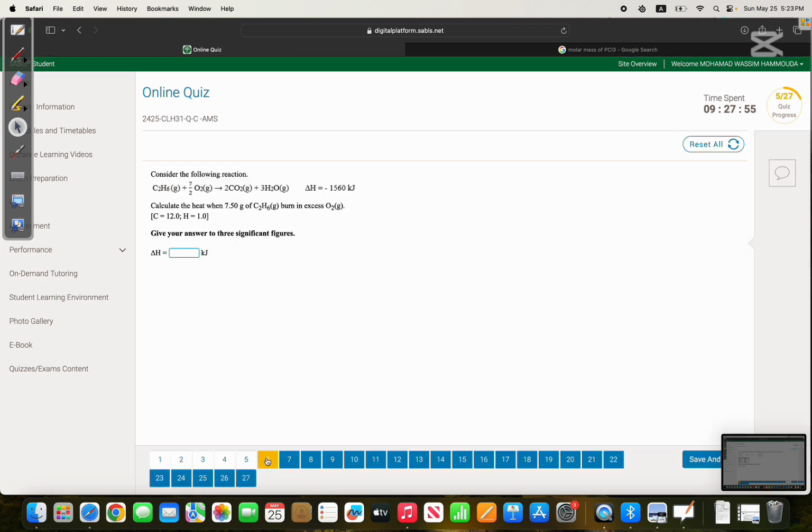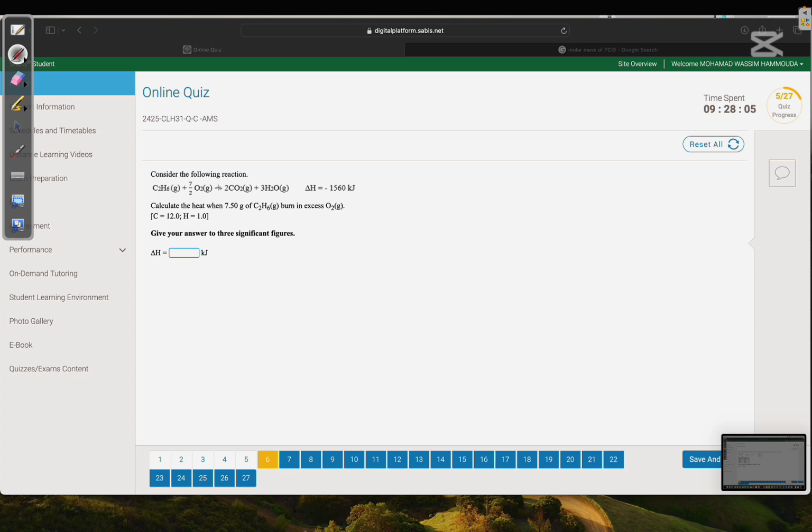Number 6. Calculate the heat when 7.5 grams of C2H6 burn in excess O2. Okay, first let's find the grams of C2H6 in this equation. So 12 times 2 plus 6 is 30. So we have 30 grams in this equation, but they want 7.5 grams.